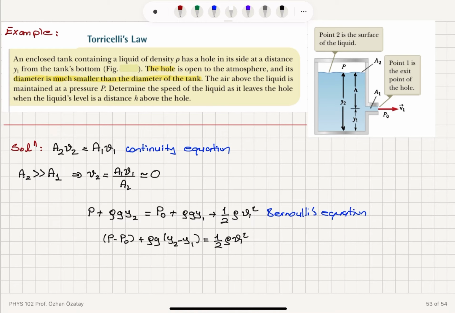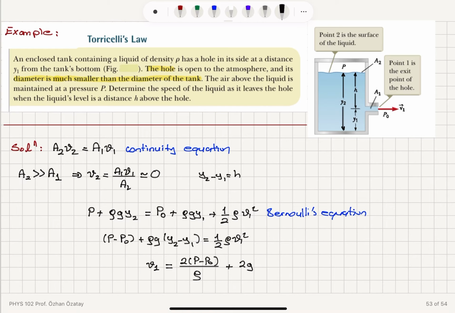So I obtain V1 is equal to the square root of 2(P minus P0), that's the gauge pressure, divided by rho, the first term, plus 2 rho gy divided by rho, so that becomes 2g, and y2 minus y1 is equal to h.